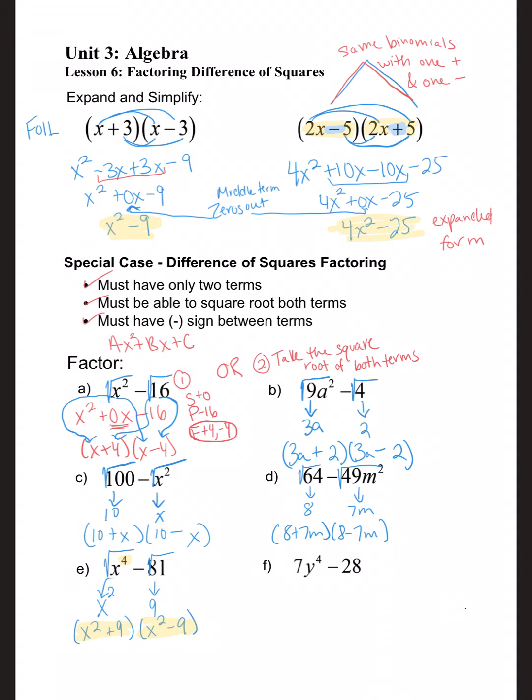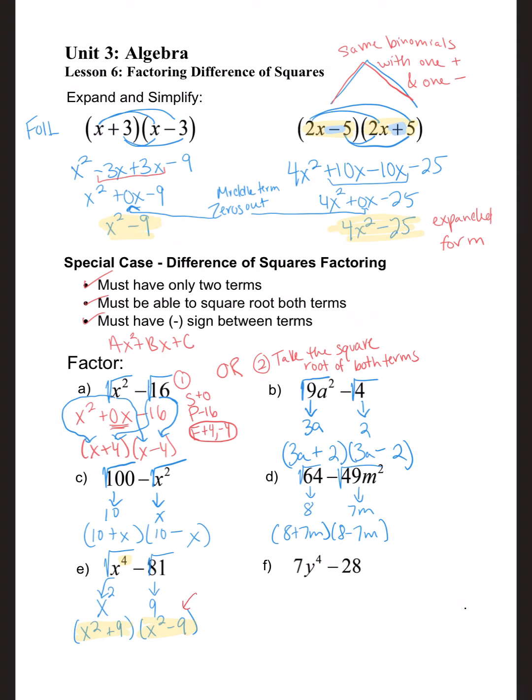Well, I can square root an x squared, and I can square root a 9. So again, I can do that to both of these as well. And then our third qualification is that there has to be a minus sign between. So only our second bracket has a minus sign, so that's telling me I should be able to factor that second bracket some more.